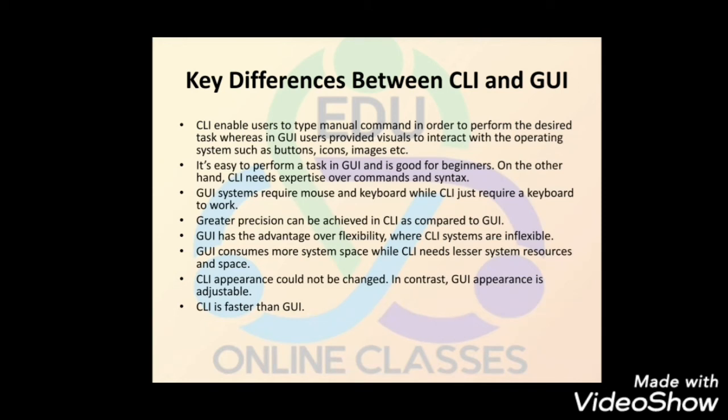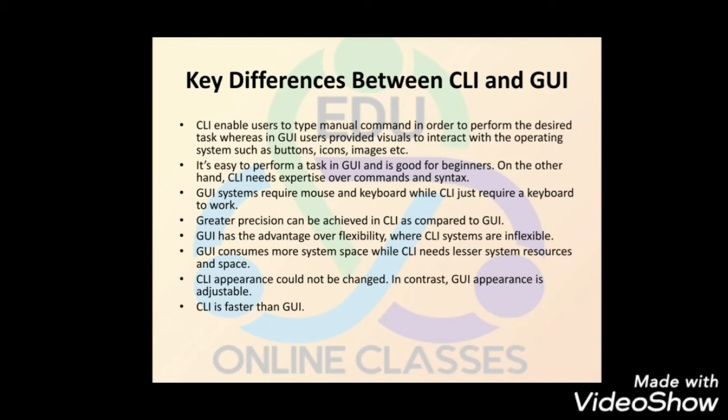So next one is that GUI has the advantage of flexibility and CLI systems are inflexible. Continuing to next, GUI consumes more system space and CLI needs less space, resources and memory.